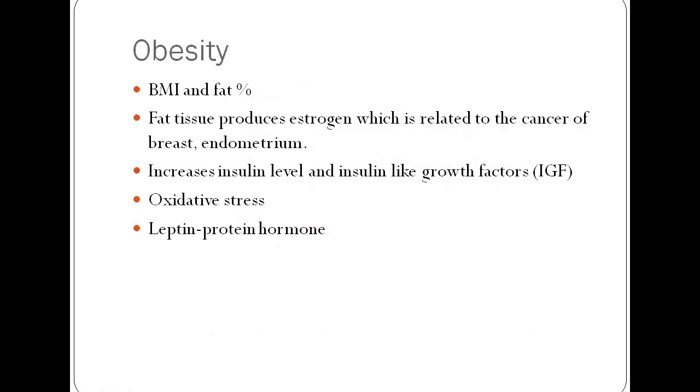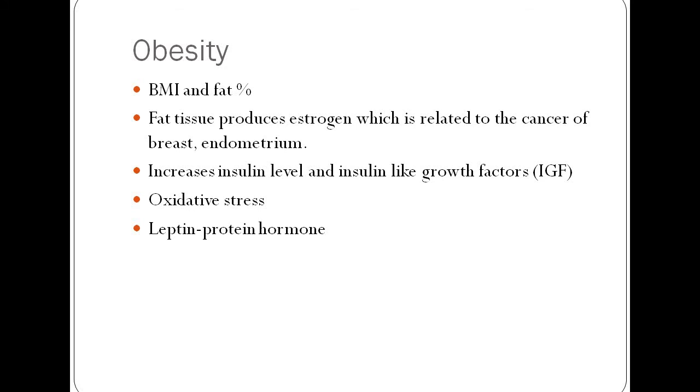And then obesity. Obesity is the excess fat present in the system. It is studied using two factors: the BMI, that is body mass index, and the fat percentage. Obesity causes cancer of the breast and endometrium, and this is due to the excess production of the estrogen hormone by the fat tissue.